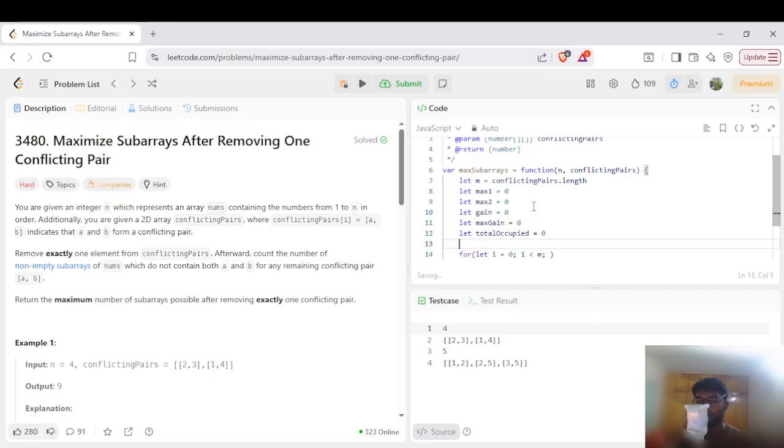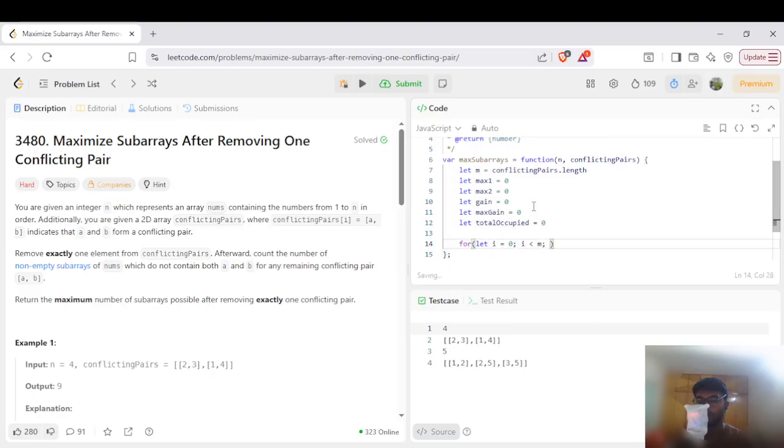So these are all the set of constants that we need.